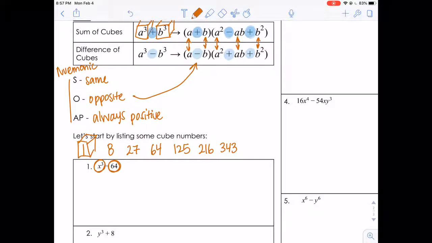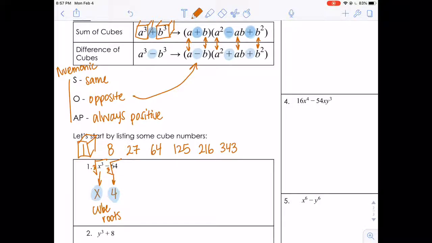So what I'm going to do is take the cube root of each of them, right? What I'm calling the base. So the cube root of this would be x, and the cube root of this would be 4, right? So these are my cube roots, x and 4.